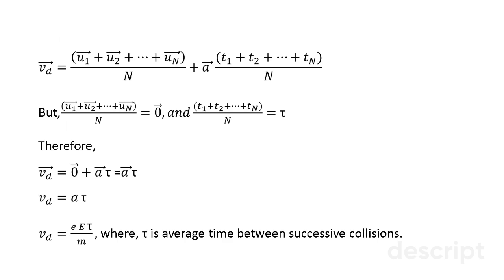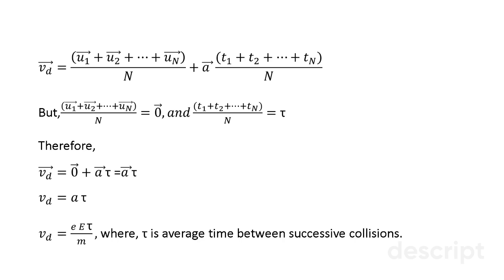Since a is the same for all free electrons, therefore vd equals average of u values plus a into average of time intervals. But the average of u values is 0 because the u values are completely random and the average of time intervals is tau.